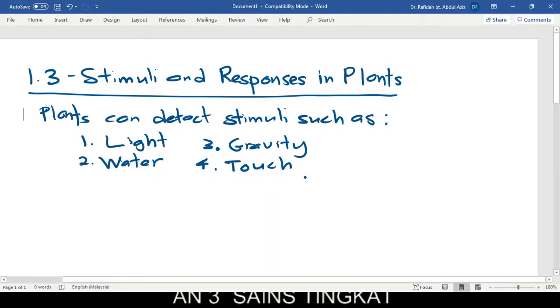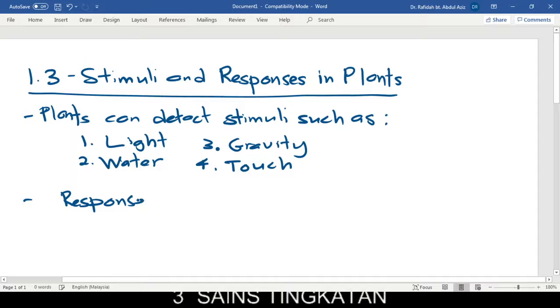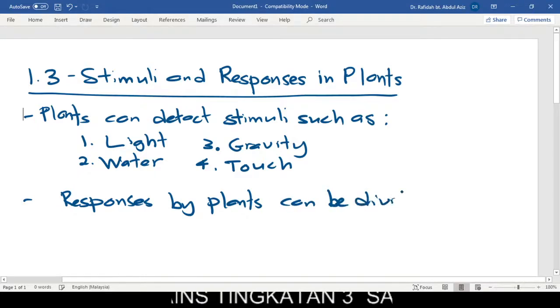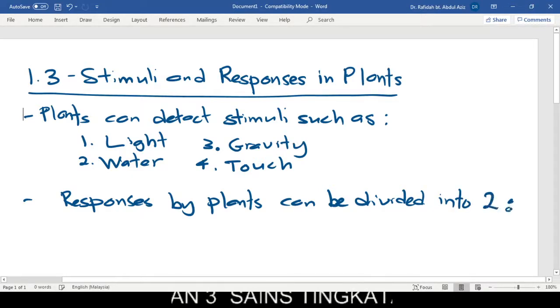Okay, in order for plants to detect all these stimuli, the responses by plant will be divided into two. So what are the responses?